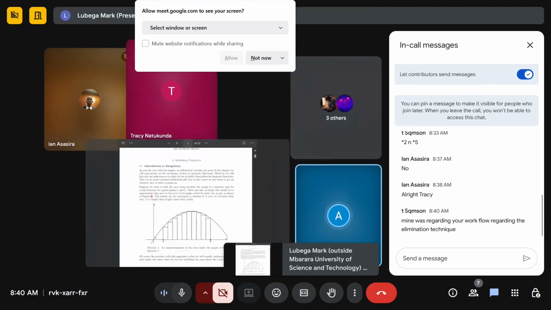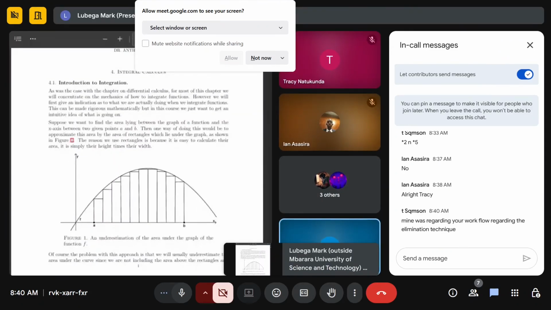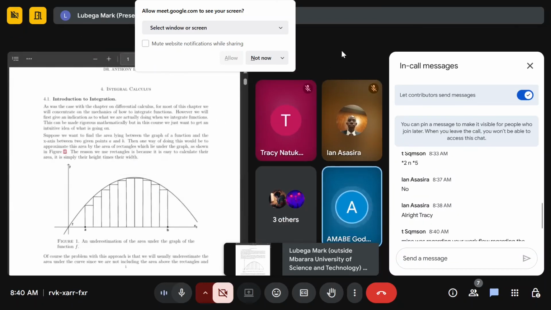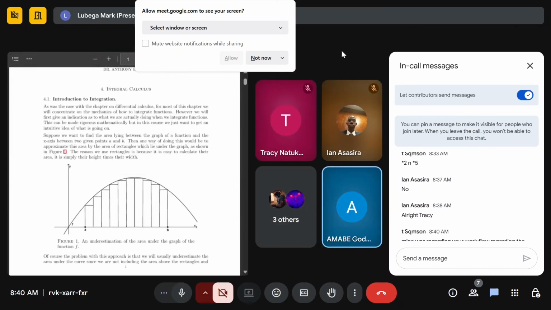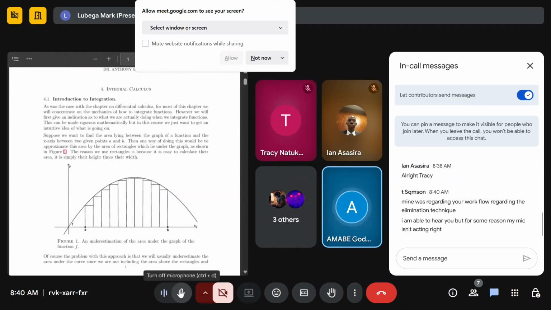Mine was regarding your workflow. Oh, Lubega has started presenting. Yeah, Mark, you may proceed.